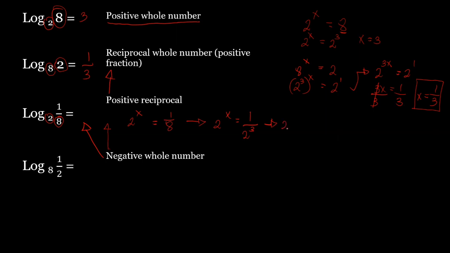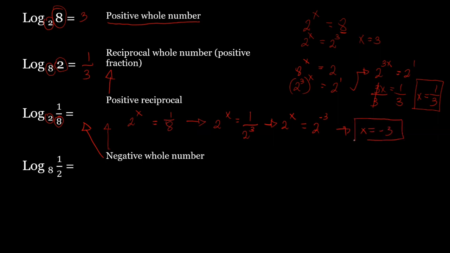So it becomes 2 raised to x is equal to 2 raised to negative 3. Once we take the reciprocal, the exponent will change into negative. Okay? So therefore, if they have the same base, get the exponent. x is equal to negative 3.